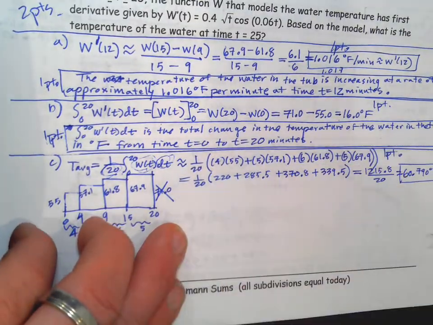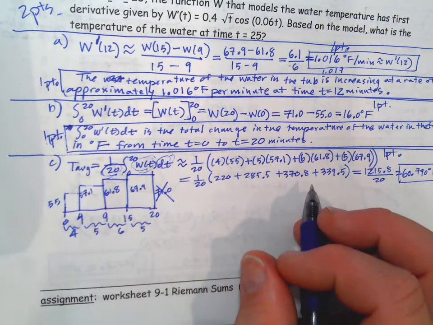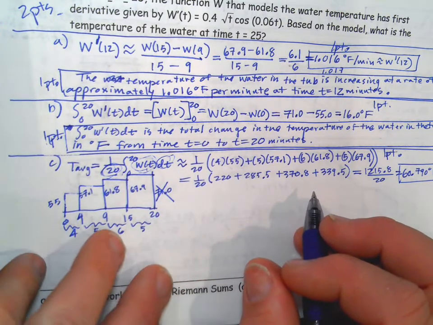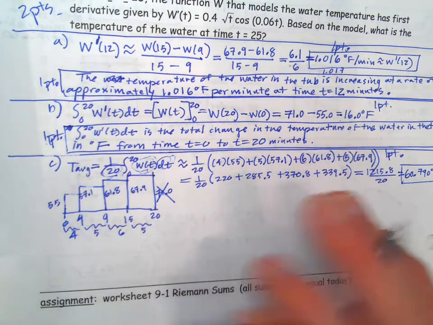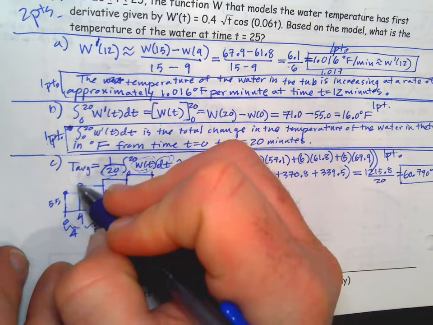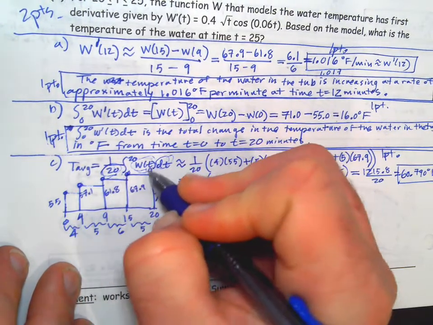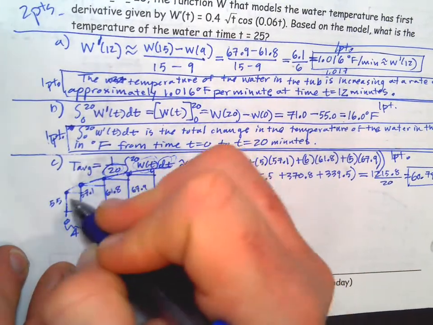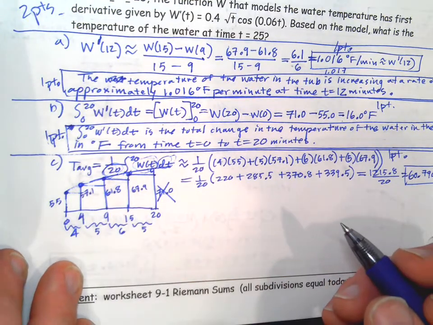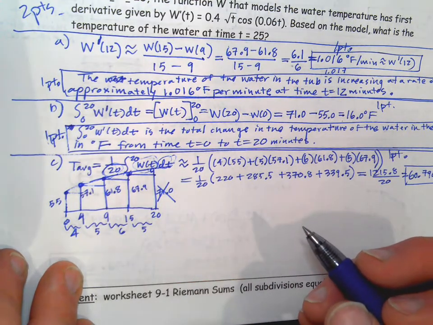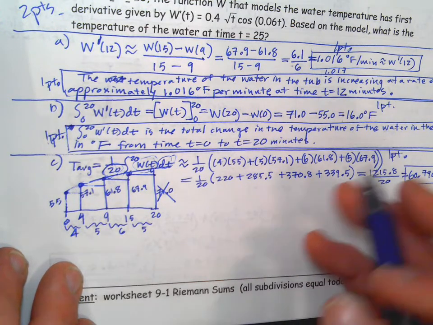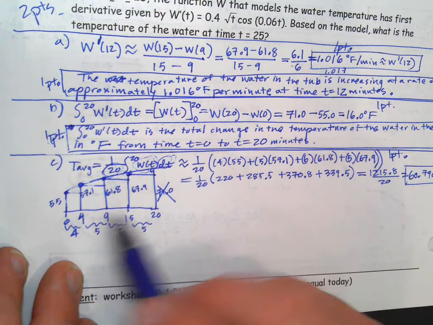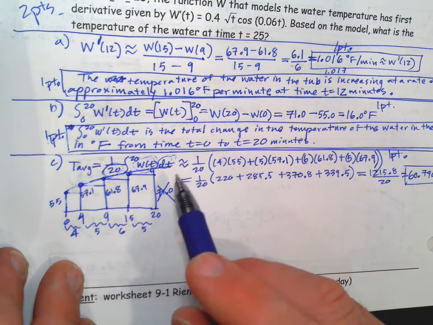Now, it said, is this over or under? Well, remember, it either has to be always increasing, always decreasing, always concave up, or always concave down. And you could connect these points just to make a rough graph. And it looks obviously like an under approximation. Now, is it under because it's increasing, decreasing? Is it under because it's concave up or down? I would maybe remember that left and right ends depend on increasing, decreasing. Concavity has nothing to do with it. Plus, you don't even know about concavity here.